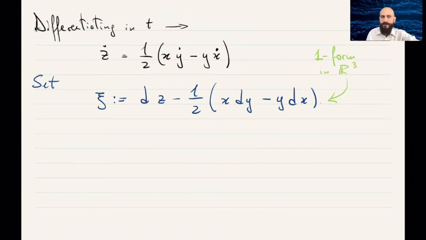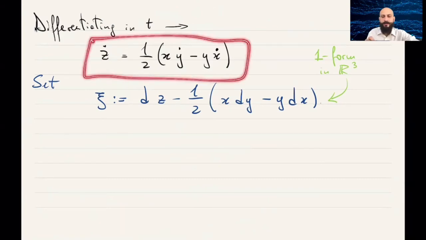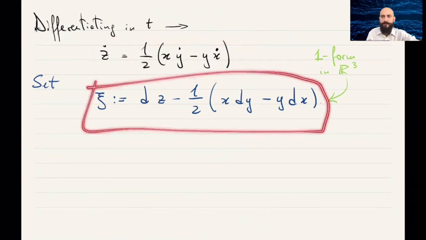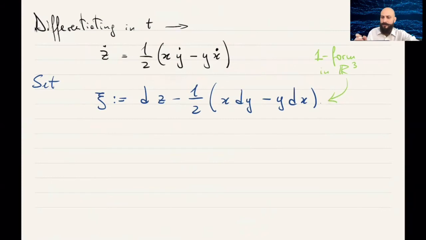So now we can say that the lifts of the planar curves that we had were satisfying this equality. In other words, they were annihilating this one form. Let's repeat what I said.